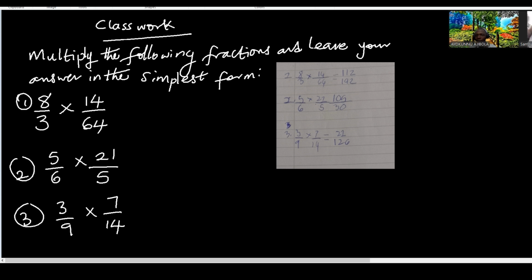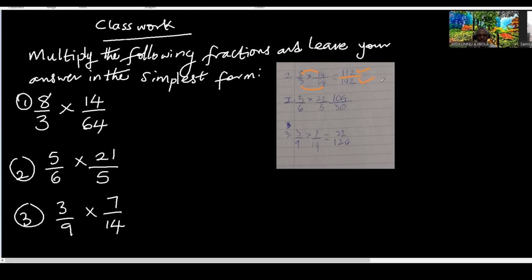Now, please sit and look at this. What you have done, if I am right, is that you have multiplied the numerators to get this, and you multiplied the denominators to get this. That's not wrong. But what is wrong is that you did not reduce it to lowest form.